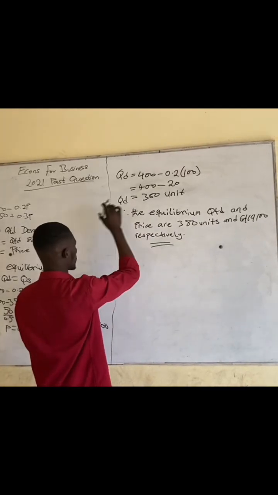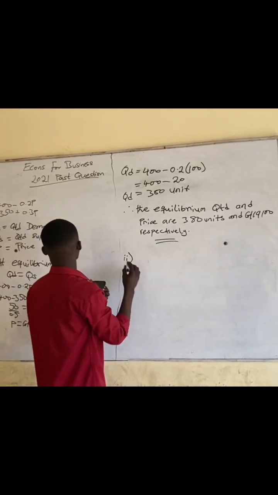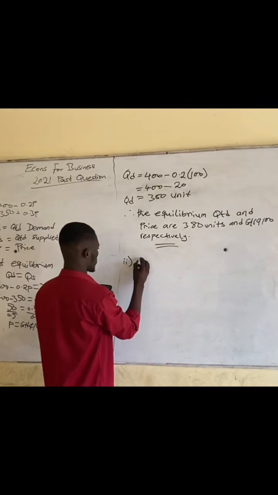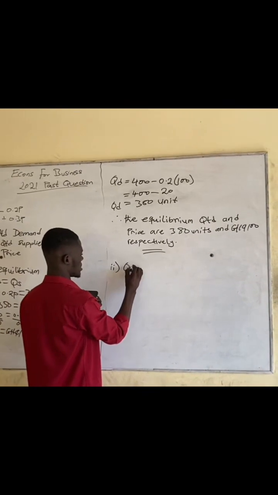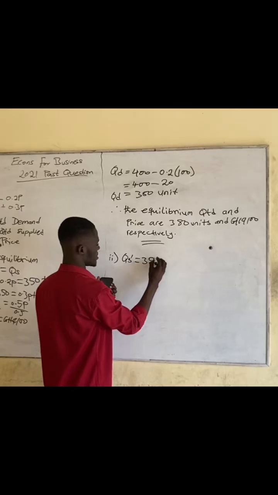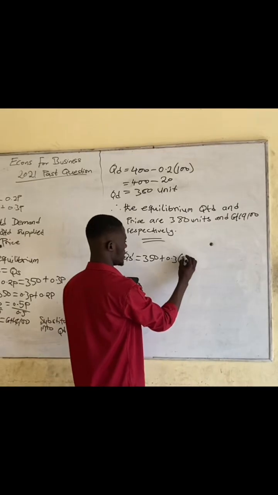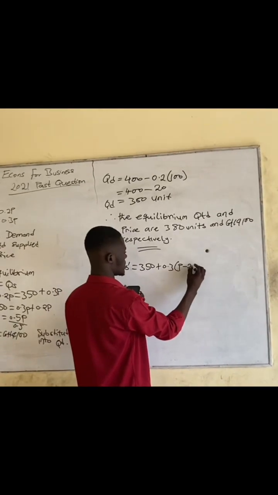So don't forget, this is the old equilibrium price and quantity. For part II, the quantity supplied will now change like this: it is equal to 350 plus 0.3 times (P minus 20 cedis).